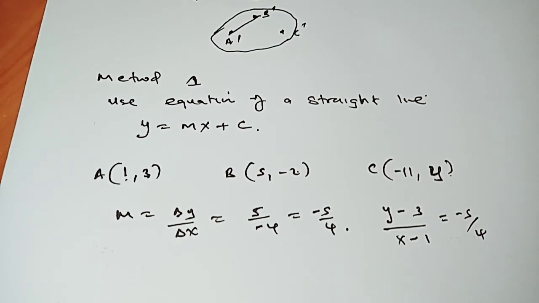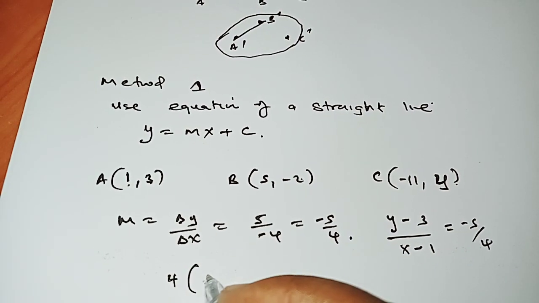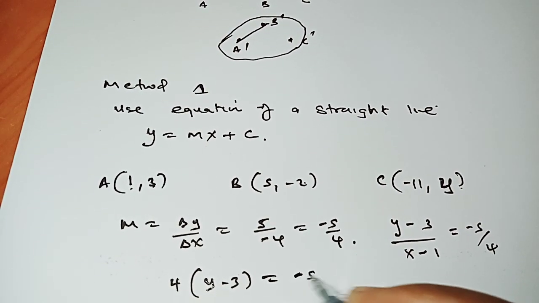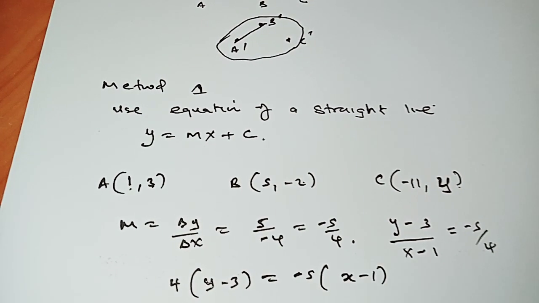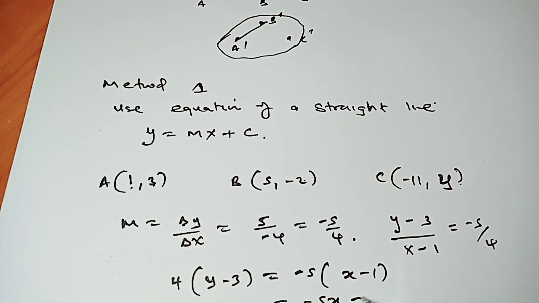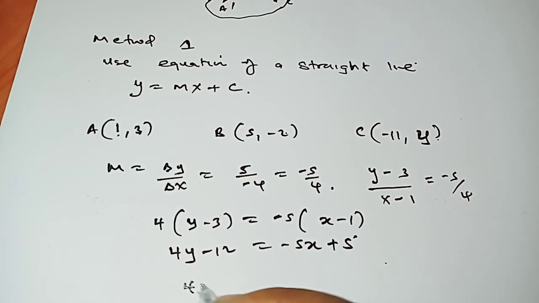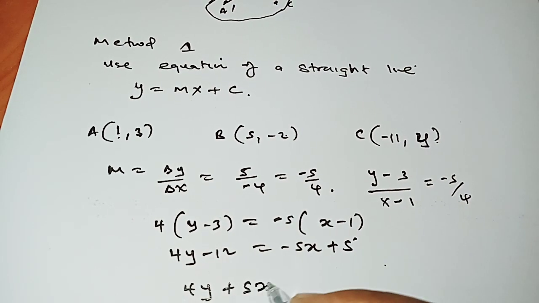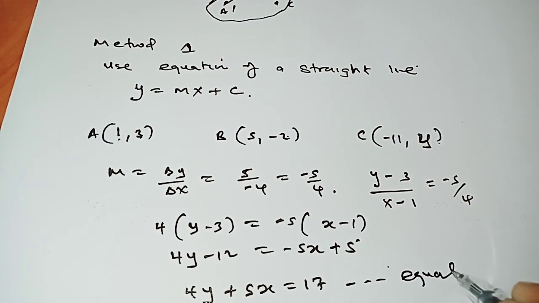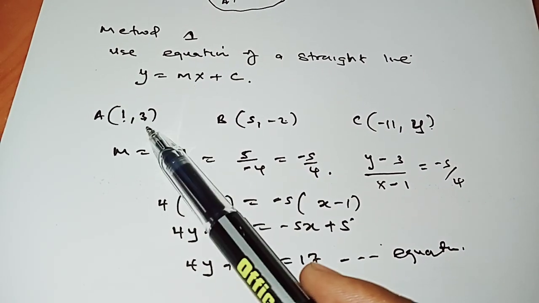And so if you simplify, you're going to have 4 into y minus 3 equals to minus 5 into x minus 1. So when you open, you're going to have that, and simplifying, you're going to have 4y plus 5x equals to 17.